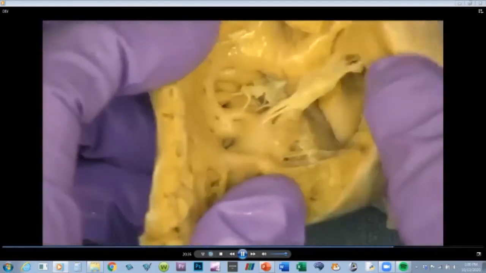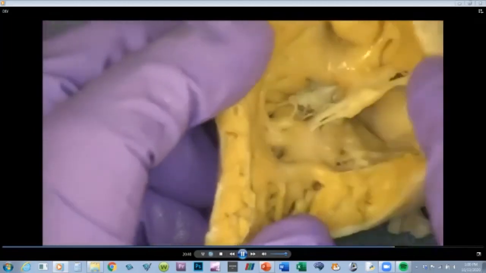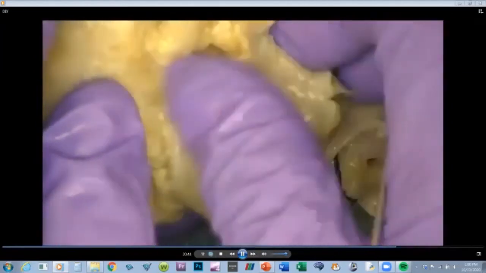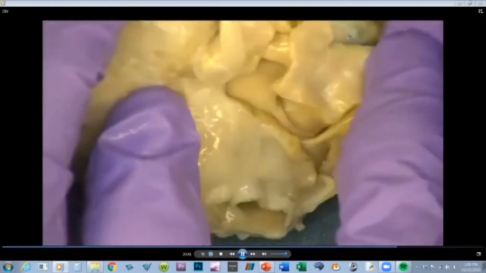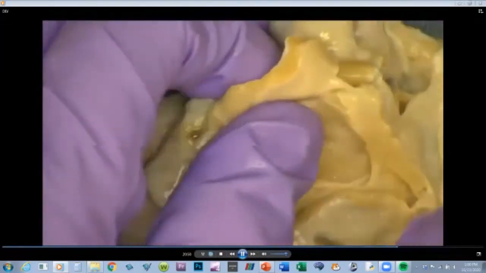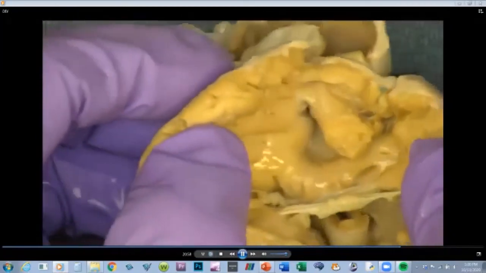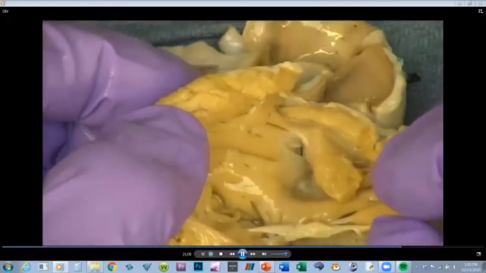The left AV valve on the other side is quite large and drained the left atrium on this side. But there was a big interatrial communication, or at least one created in this patient, so that there was no systemic venous outflow obstruction.